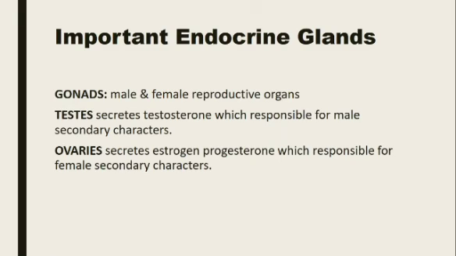And these gonads, these are male and female reproductive organs. In males these are testes, and in females these are ovaries. Testes secrete hormone testosterone, and this hormone is released when the person enters mature age, and some secondary characters are developing.